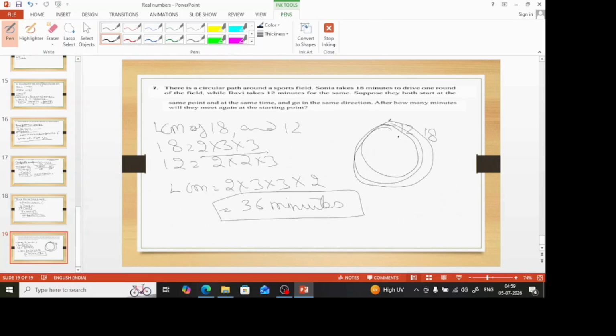In the case of Ravi, who takes 12 minutes, in 36 minutes he will take 3 rounds. So after two rounds Sonia will come here, and after completing 3 rounds Ravi will also come here. So they will meet at the starting point after 36 minutes. Sonia will make 2 rounds and Ravi will make 3 rounds.